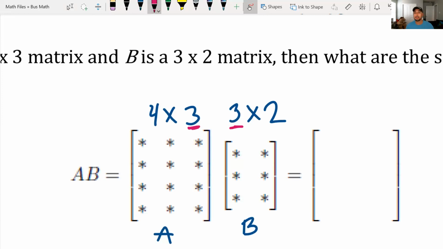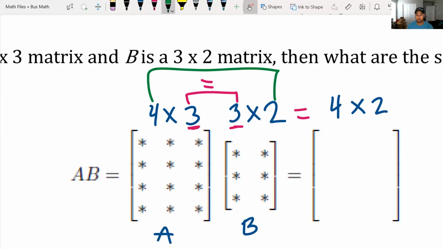Are these values equivalent? Does 3 equal 3? Yes. These two values are equivalent, which means the resulting matrix will be a 4 by 2. The resulting matrix will be a 4 by 2.